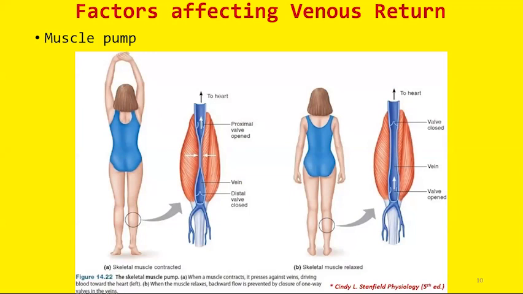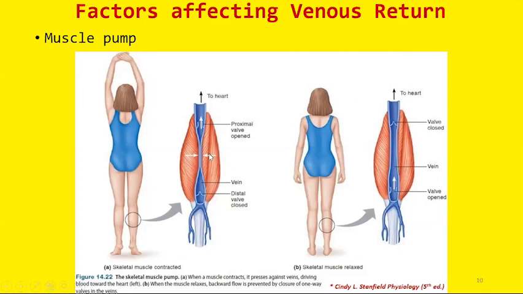So on your right hand side, the lower limb muscle, the soleus muscle, is in relaxed form. So during relaxed form, the proximal valve is closed. However, the distal valve is open, but the proximal valve is closed. That is why the blood will not go into the heart.